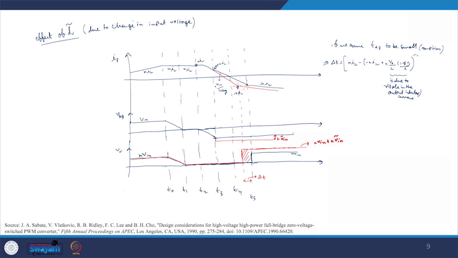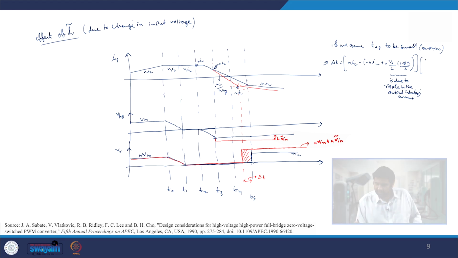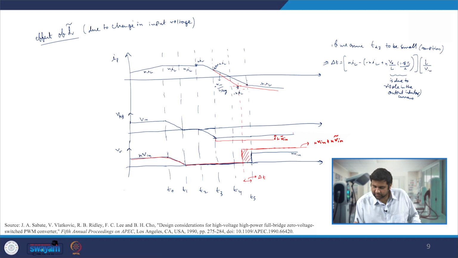Now this is our di term, and then what we have is L V in voltage which was there previously, minus L V in plus V in tilde, which is the change in the inductor, and this is due to the change in V in.